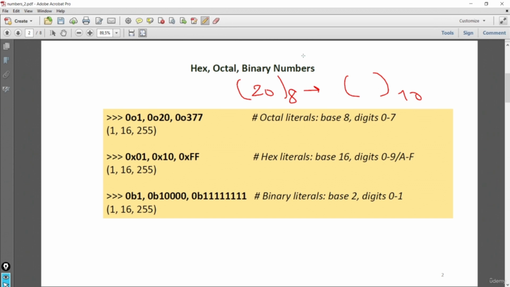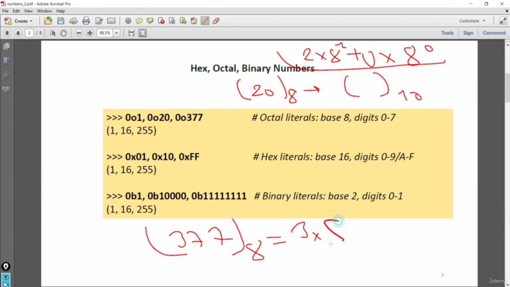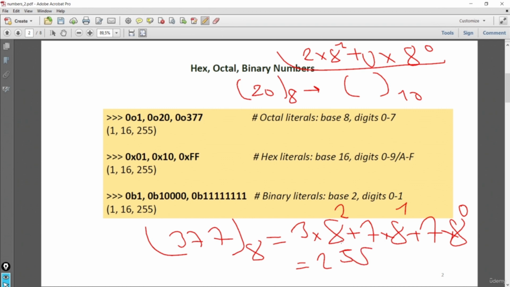How do we do the conversion? 2 is multiplied by 8, 0 is multiplied by 8, and we provide powers to the base. So the result here equals 16. In a similar manner, 377 can be converted to its decimal equivalent like this: 3 multiplied by 8, 7 multiplied by 8, plus 7 multiplied by 8, and we put powers to the 8, and the summation result equals 255 here.